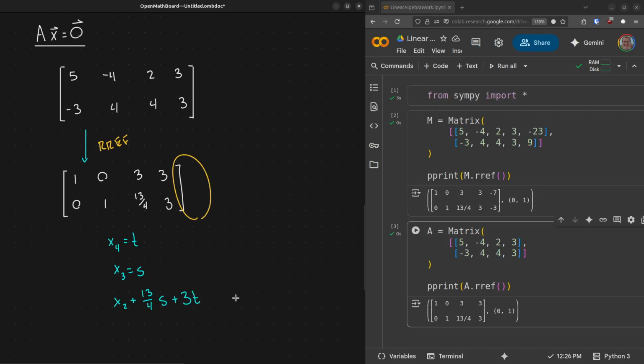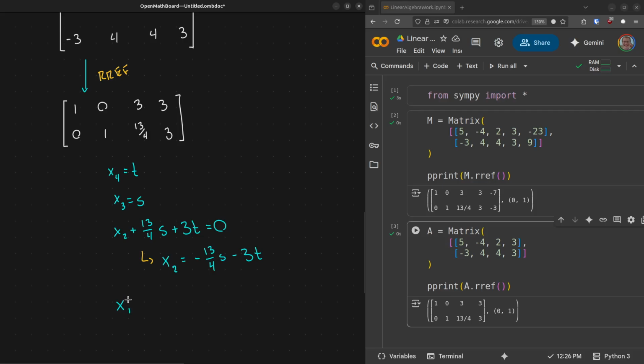And then in the augmented part that we didn't write down, it's equal to 0 because it's a homogeneous equation. It's a homogeneous system. Okay? Solve for x2. We get x2 is equal to negative 13/4 s minus 3t.